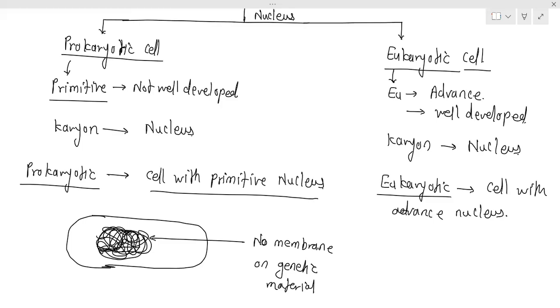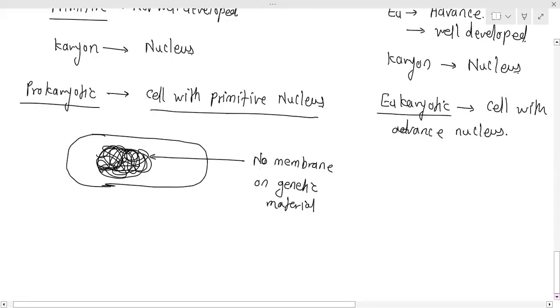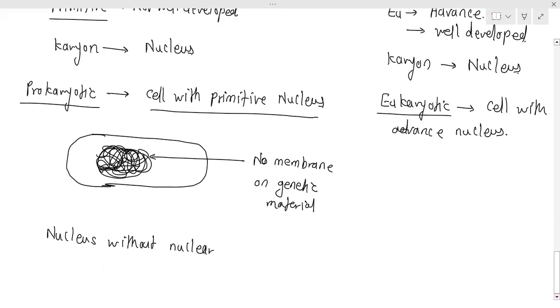The genetic material has no membrane, so you can say a nucleus without a nuclear membrane. A primitive nucleus is a nucleus without a nuclear membrane.